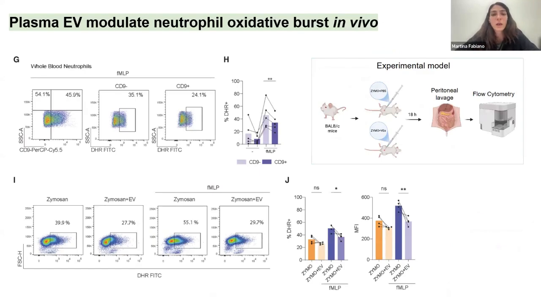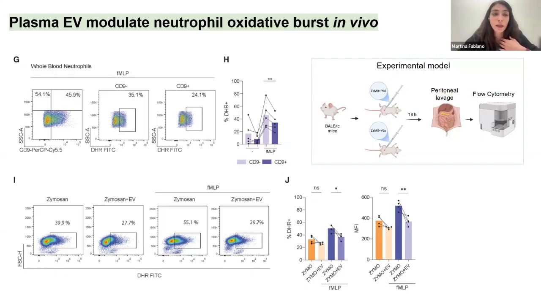So after that, taking into account that in circulation we saw neutrophils that had CD9 in their membrane, we started thinking that maybe EVs were also inducing a phenotype or modulating neutrophil responses in circulation as well.